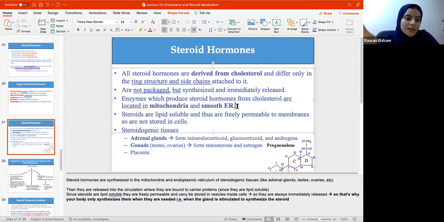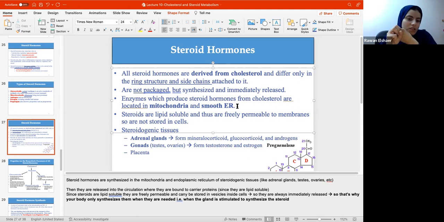In whatever cell, it happens in the cytoplasm. In the liver, but it can also happen in the cytoplasm of any steroidogenic tissue. Any tissue that makes steroids has de novo synthesis of cholesterol in the cytoplasm, but it mostly happens in the liver. It can happen in the adrenal gland, testes, ovaries.